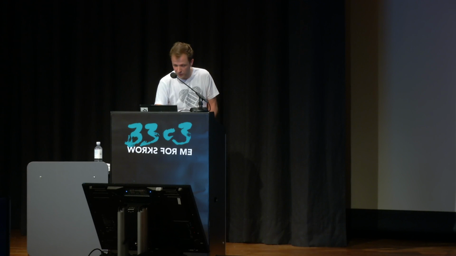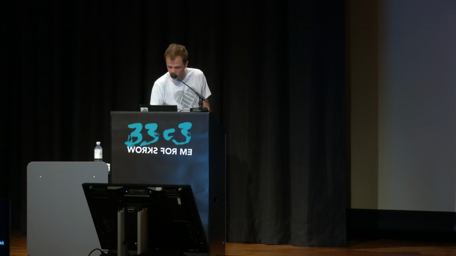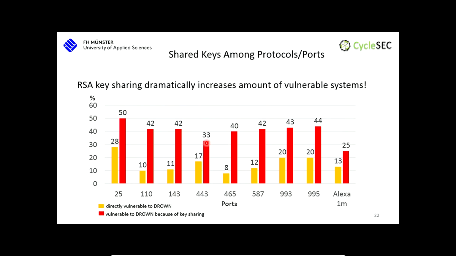And this means that 50% of all SMTP servers, encryption-wise, can be broken. For port 443, for example, it's one third of all the internet hosts that support encryption. We could break TLS connections to these systems by exploiting some other system that happens to use the same RSA key pair and supports SSL version 2. So it's a really substantial effect that we encountered here.